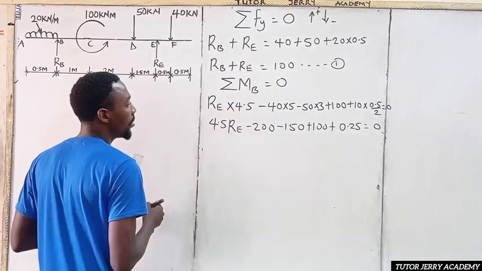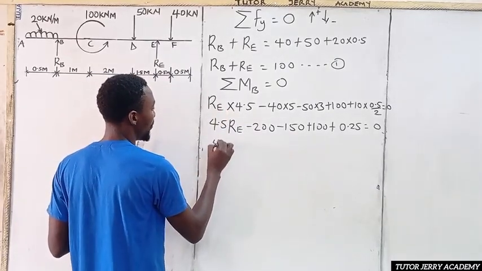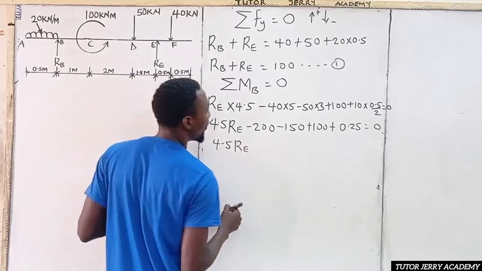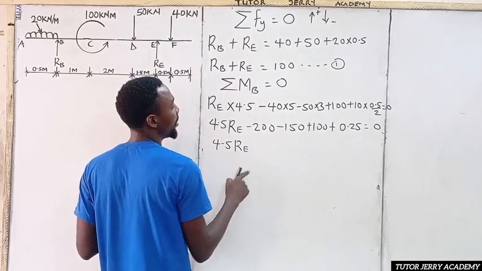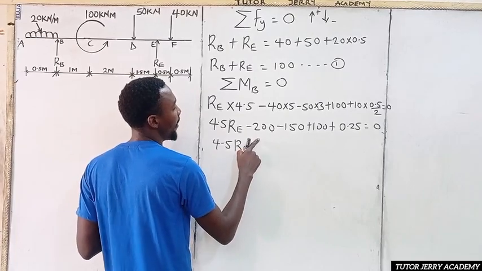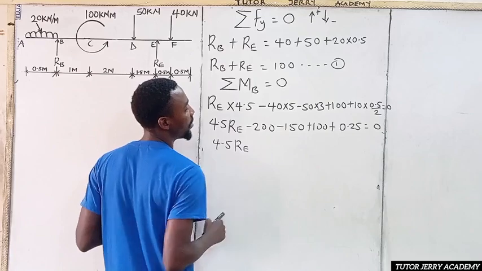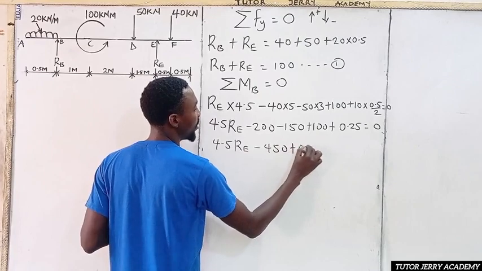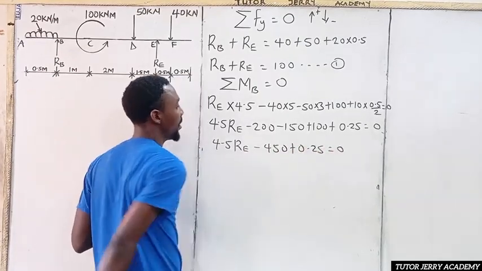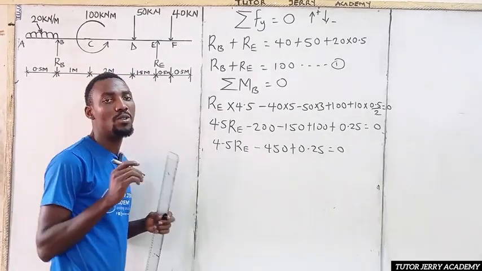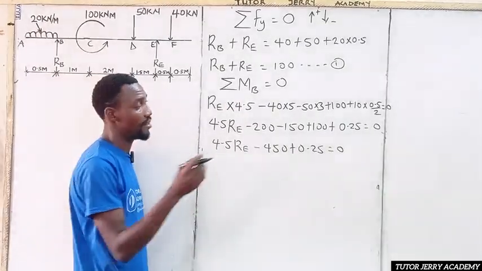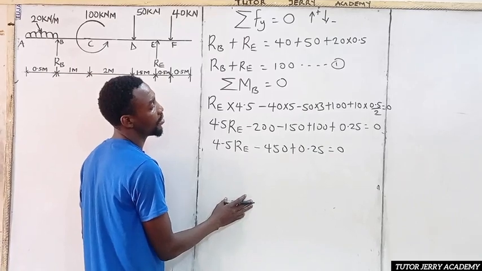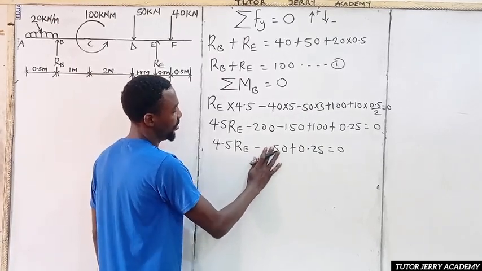So if we sum everything together, we have minus 350 plus 100, which gives us minus 250, rather, not 450.